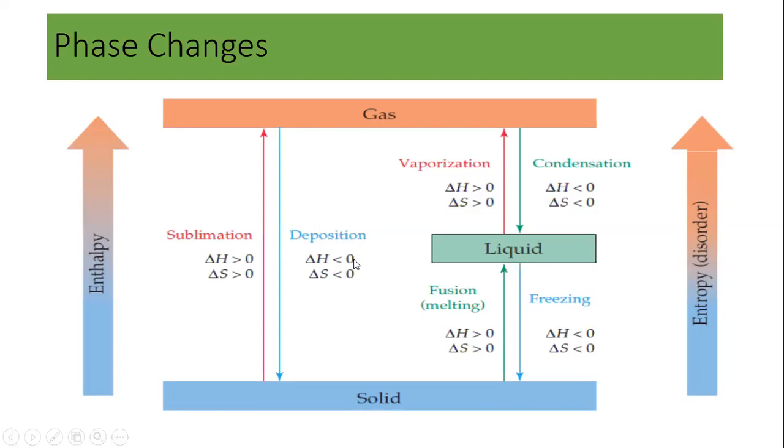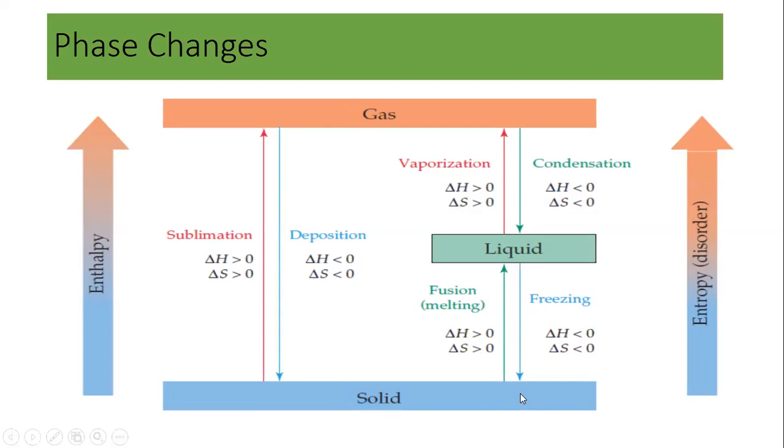That means the value of delta H will be negative, and if it is negative, it is called an exothermic reaction. So energy is released in this process. And of course, there is a decrease in entropy because the molecules are converted from a highly disordered form to an ordered form, from the gaseous to the solid form.